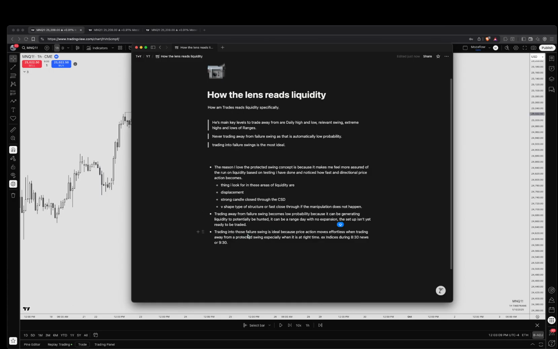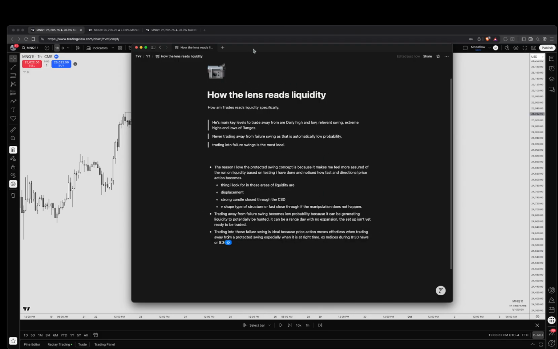Trading into those failure swings is ideal because price action moves effortlessly when trading away from the protected swing, especially when it is the right time. For example, if you trade the indices during 8:30, you want to see either price go away from the protected swing or create one, or 9:30.